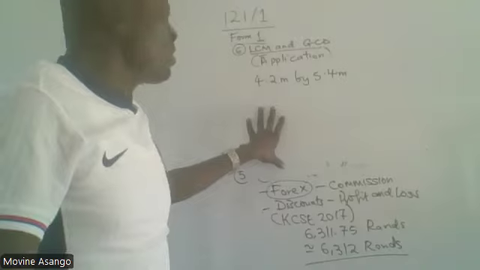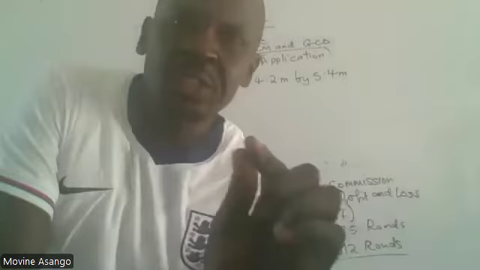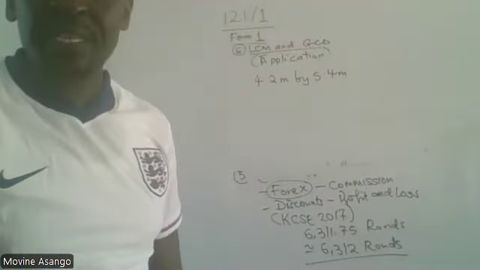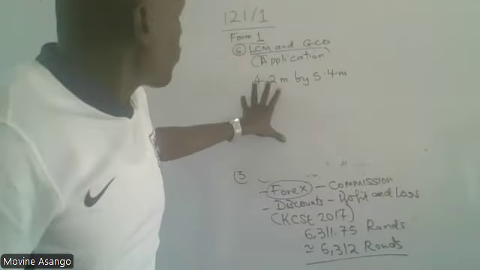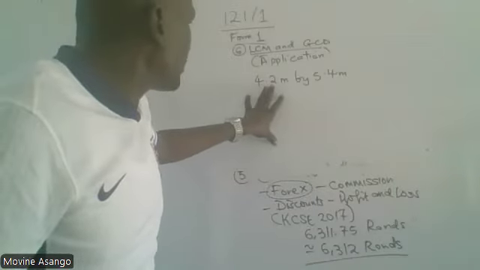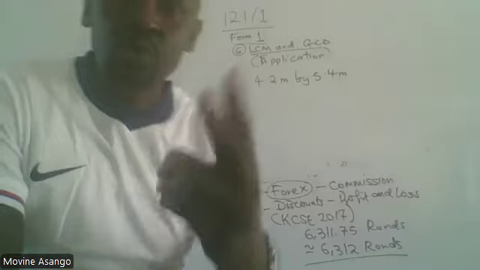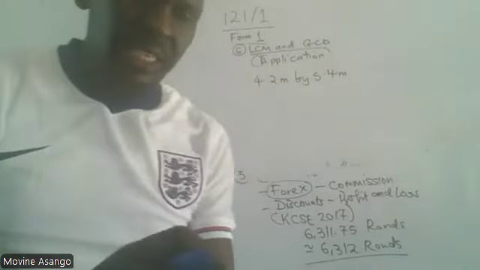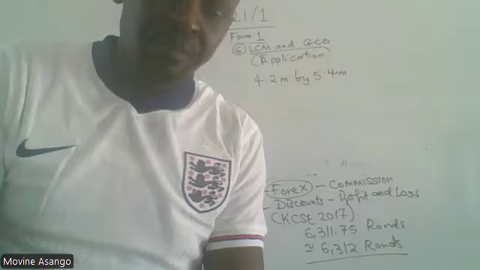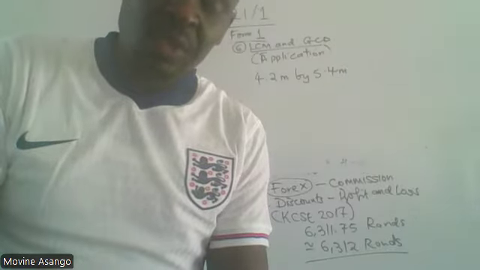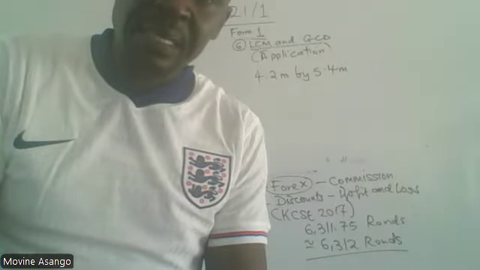So we would first of all get the largest dimension of one square tile, which means we expected the candidates to find the GCD of 4.2 and 5.4. 2 challenges. One challenge was knowing that the GCD was required. The second challenge was getting the GCD of decimal numbers.